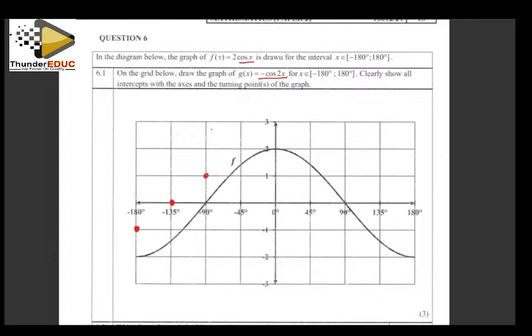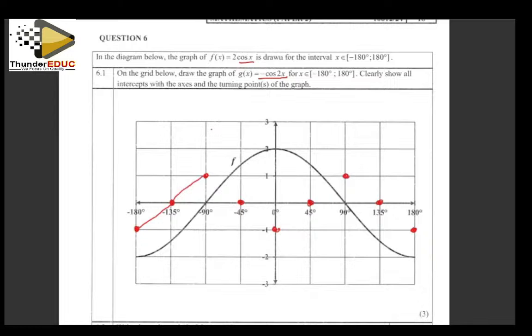Negative 45 is a 0. Then 0 is going to give me negative 1. 45 is going to give us a 0. 90 gives me a 1. 135 is a 0. And then 180 is a negative 1. Then connect these points with your free hand.